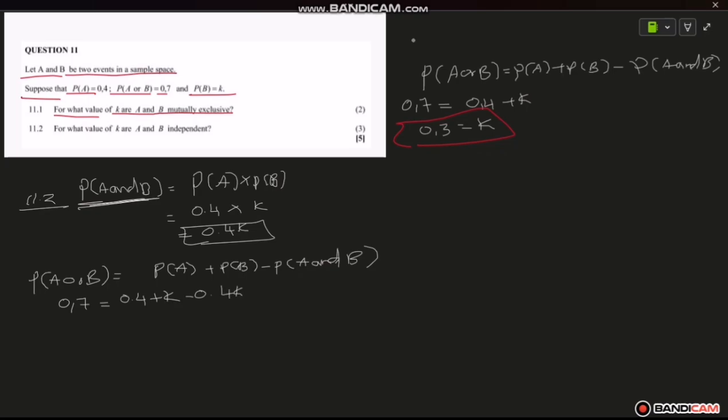Therefore, we transpose the 0.4 to the left: 0.7 minus 0.4 is 0.3, equals K minus 0.4K, which gives us 0.6K.